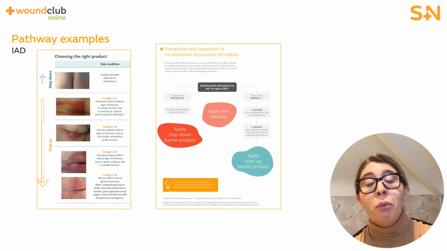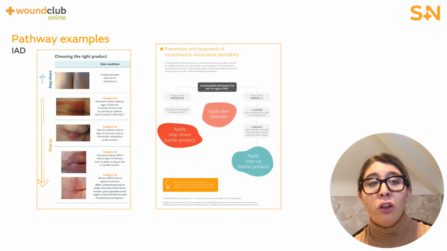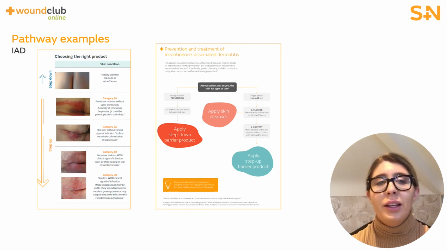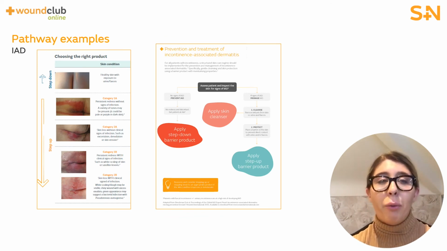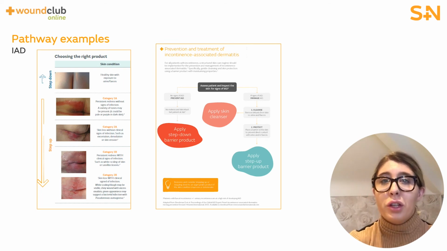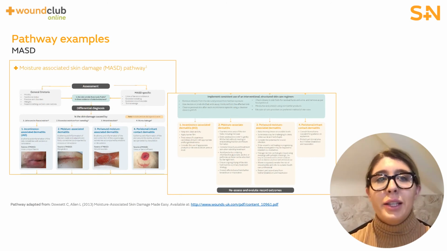The use of the imagery with the categorization is a valuable tool to identify the extent of skin damage, and is not only useful to determine the product use, but also to help with documentation. This categorization can then be matched with the cleanse, protect, and restore pathway to determine which products to use at which stage. Other pathways are also available to help determine what type of MASD is displayed.